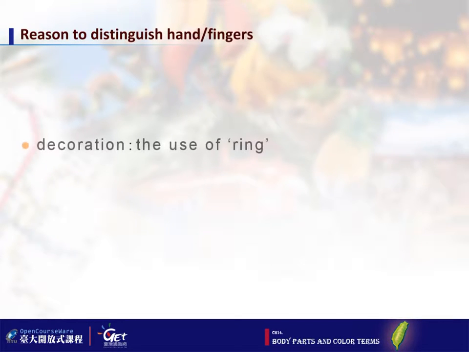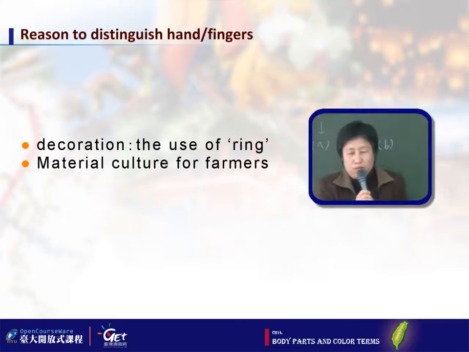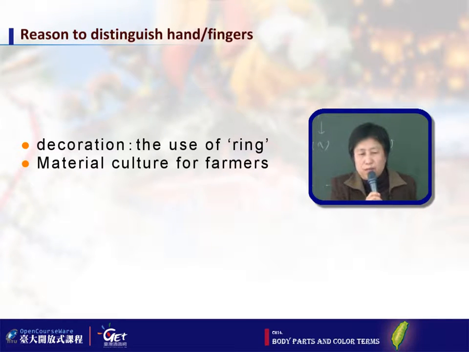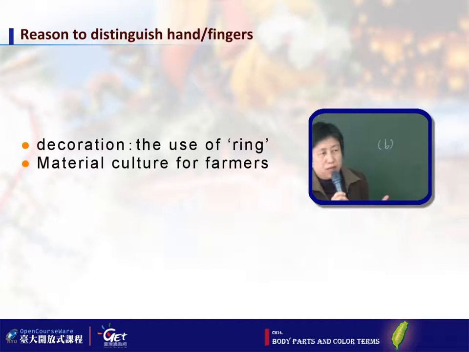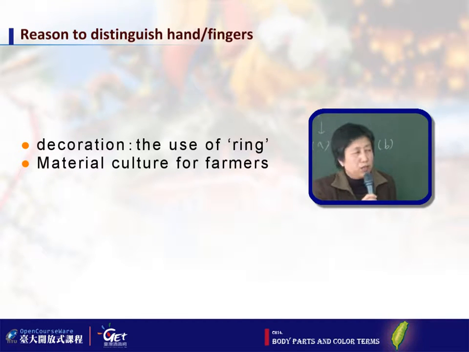Why is lifestyle related to this vocabulary use? Why is it the reason for us to distinguish hand and fingers? One reason is that after you get rich and have material lives, you tend to decorate part of your body to show your wealth.